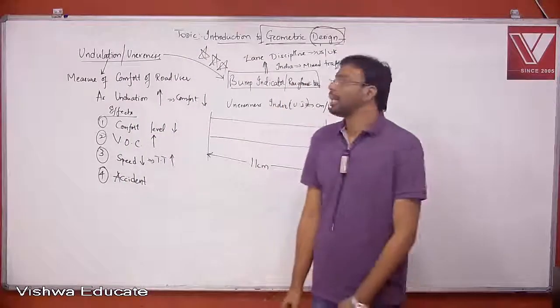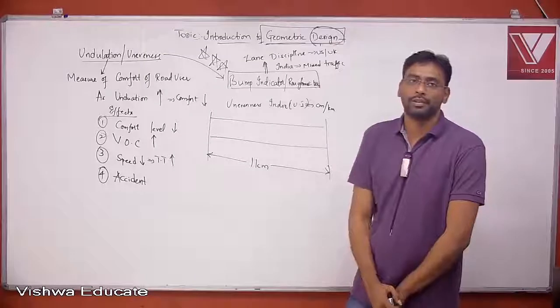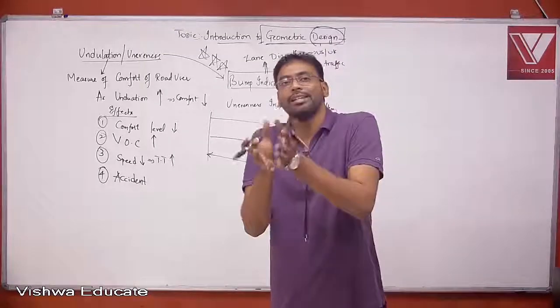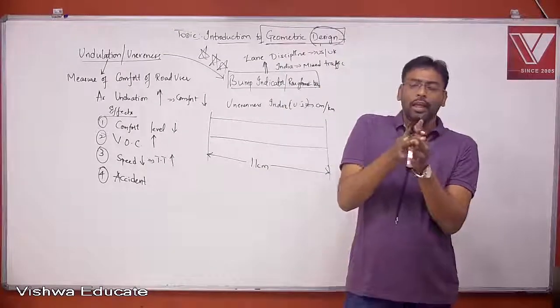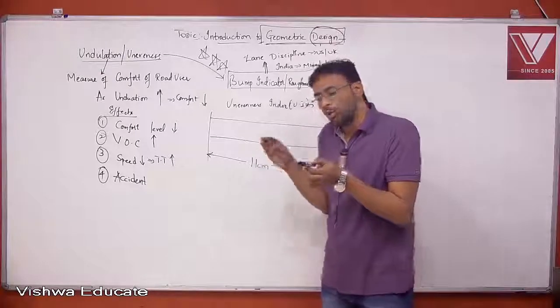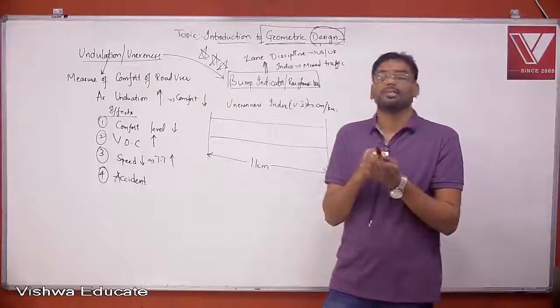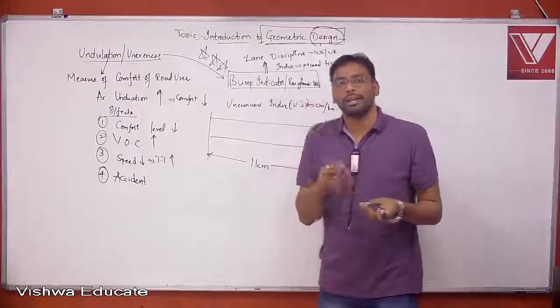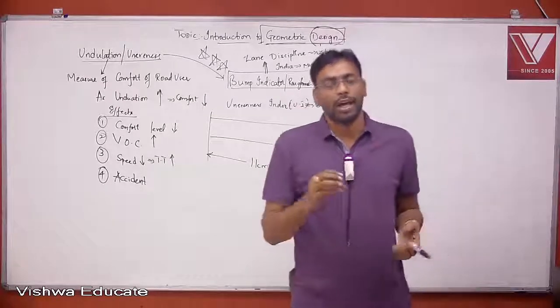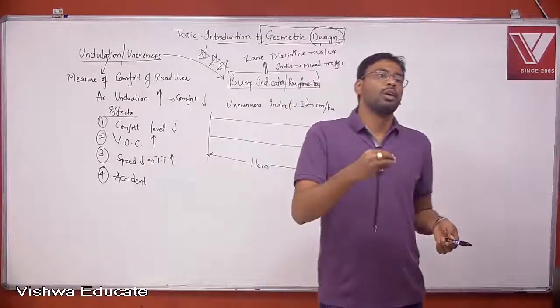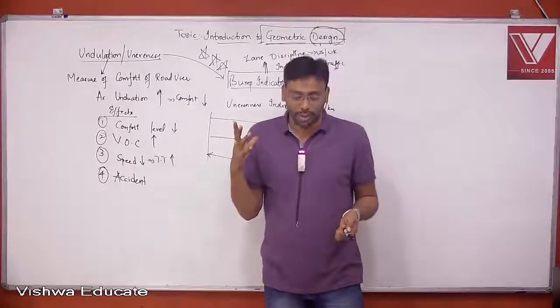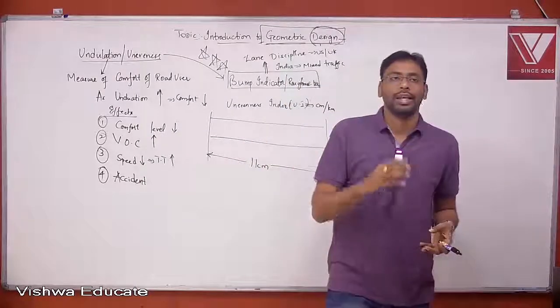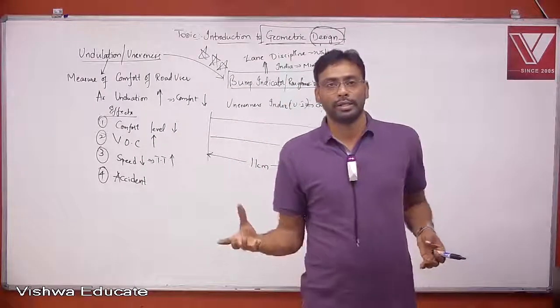What is lane discipline and what is mixed traffic? If a lane is meant for two-wheelers, only two-wheelers will be traveling. Similarly, if a lane is meant for cars, only cars will be moving. And if a lane is meant for buses, only buses will be moving on that lane. That is what lane discipline is.